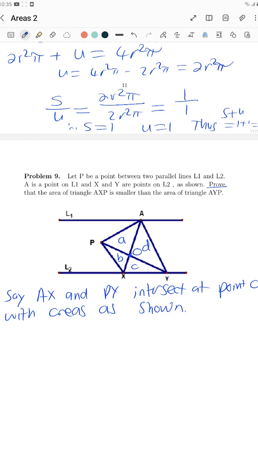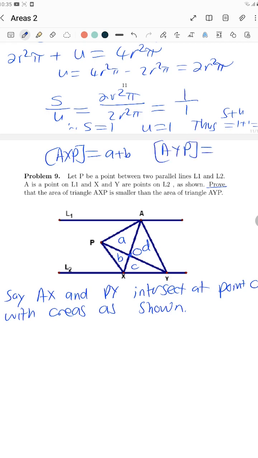Okay, so by doing this, we already have a handle on the area of triangle AXP. Looking at this diagram, the area of triangle AXP will therefore be a plus b. And can you see what the area of triangle AYP will be?